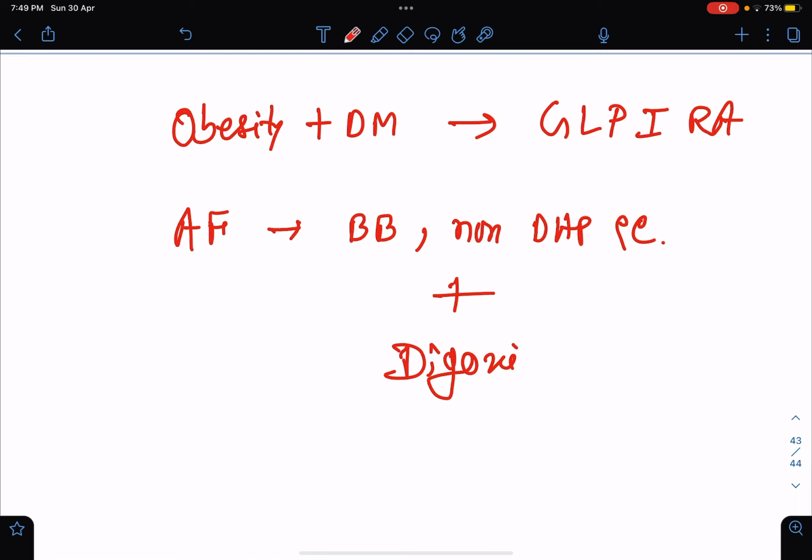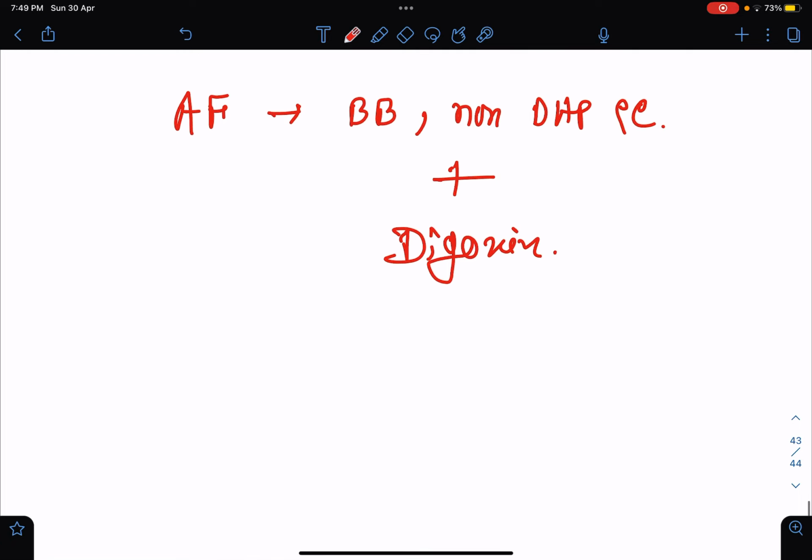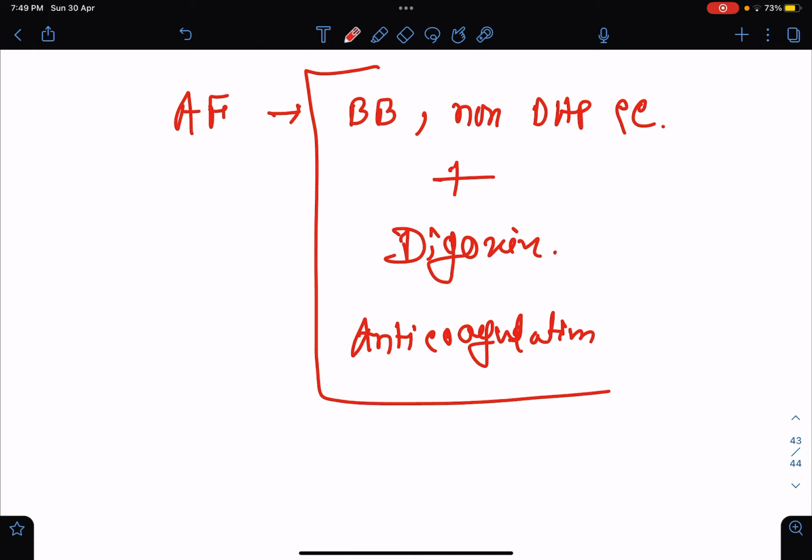Okay, and as I have already said, anticoagulation will be necessary to prevent future stroke attacks. So beta blockers, non-dihydropyridine calcium channel blockers, digoxin addition and anticoagulation are necessary for atrial fibrillation with heart failure with preserved ejection fraction patient.